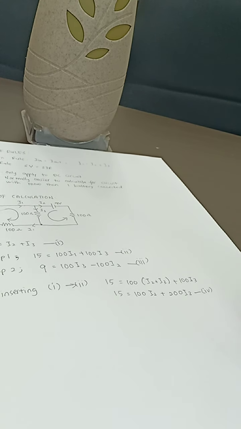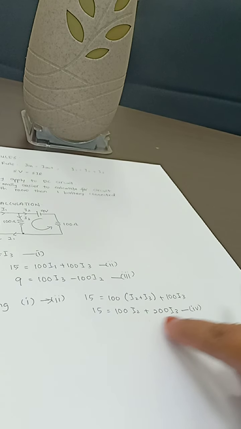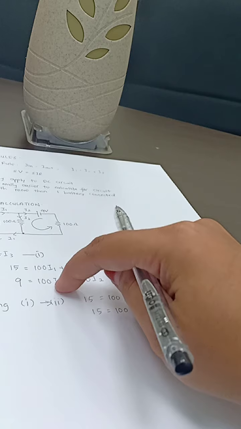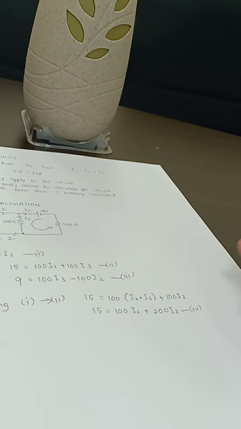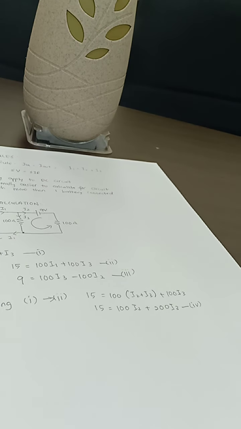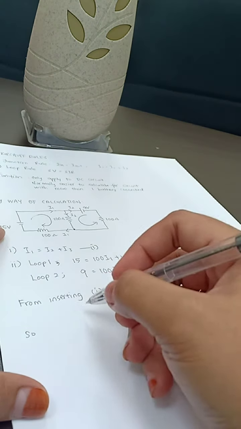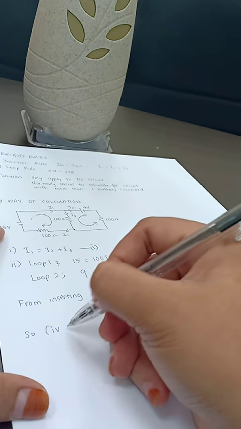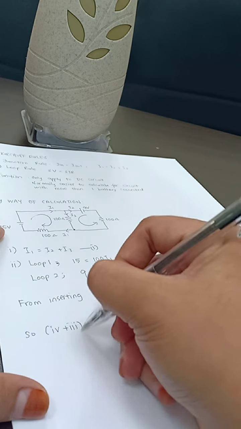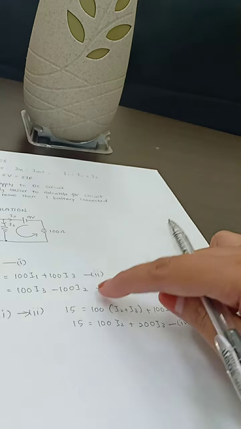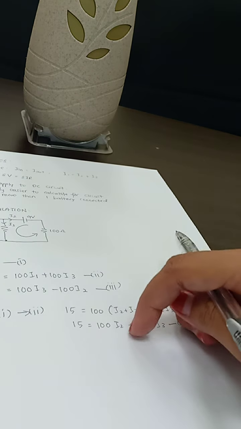Now you have only I2 and I3. Compare with number 3, you also have I2 and I3. Okay, sorry for that. So you have to solve for it. From 4 plus 3, you can see that you can eliminate I2.